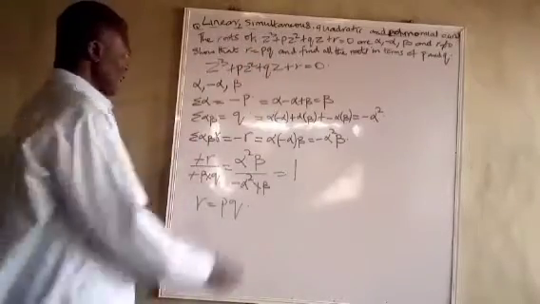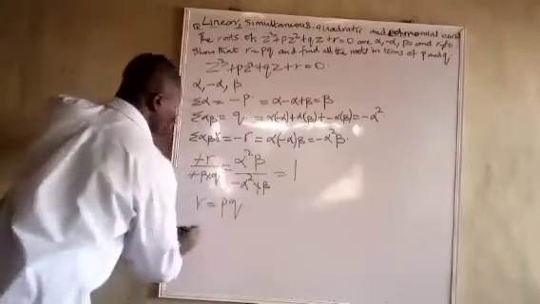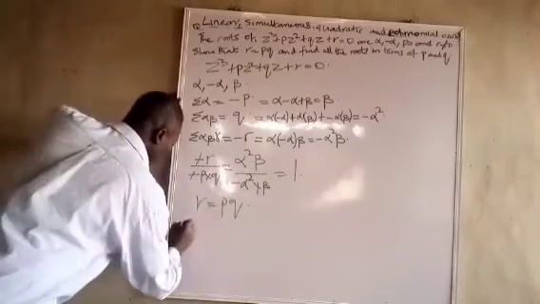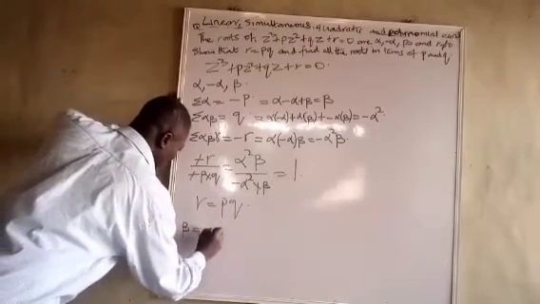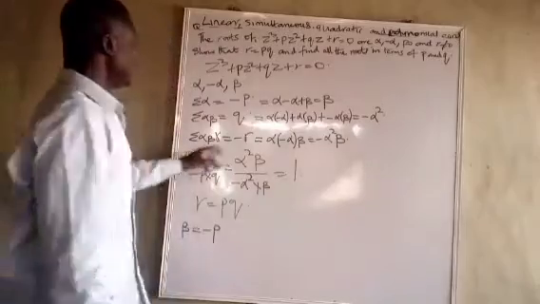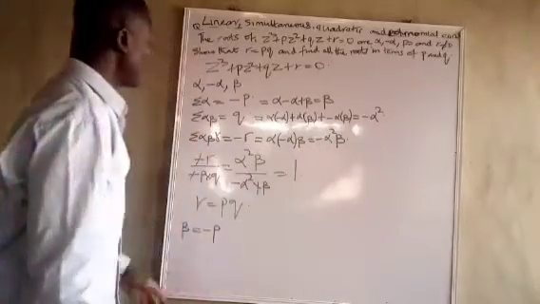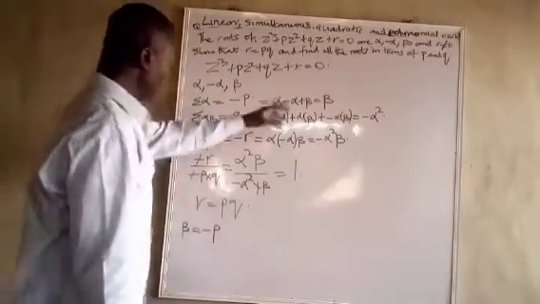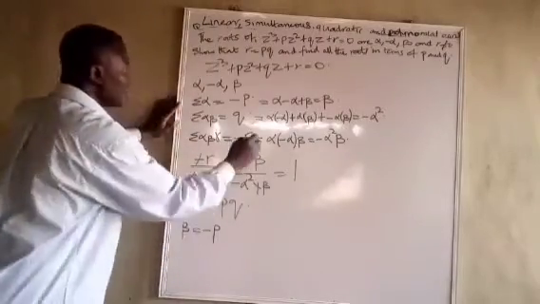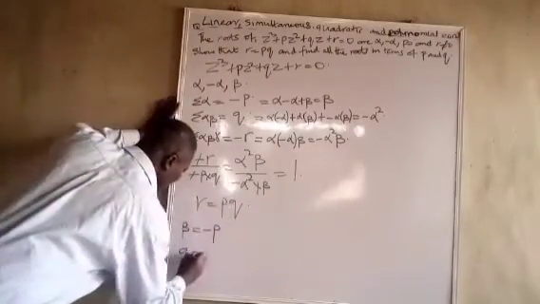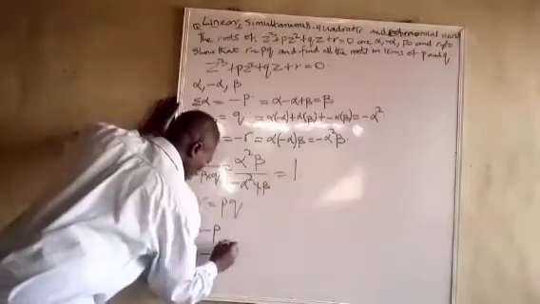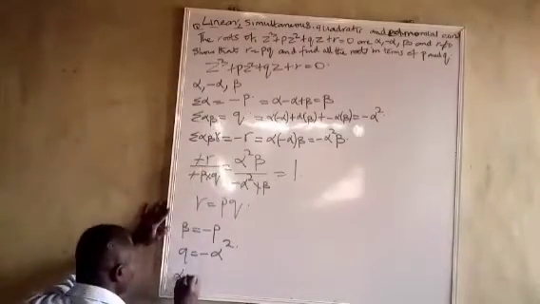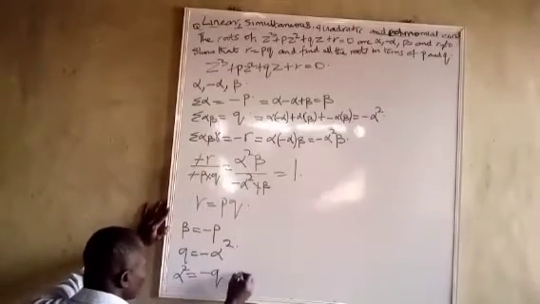We have seen that one of them is beta, which is minus p. So I can easily find alpha from q. q equals minus alpha squared. Therefore, alpha squared is equal to minus q.